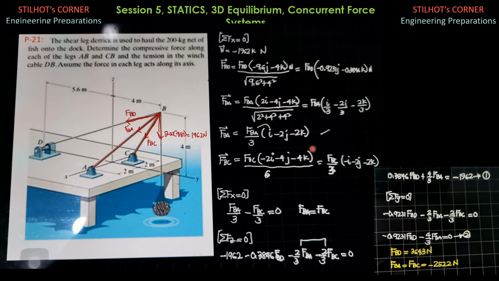So beginning with FBD, we have negative 0.9231 FBD. Then here we have negative 2/3 FBA. And here we have negative 2/3 FBC equals 0.